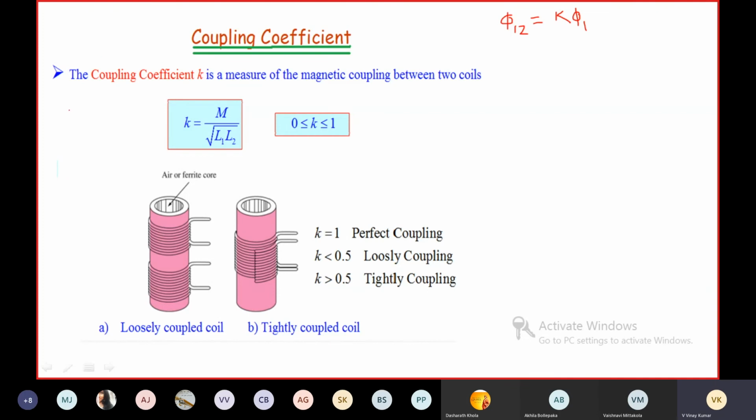Okay. What is φ1? φ1 is equal to φ11 plus φ12. What is φ2? φ2 is equal to φ22 plus φ21.